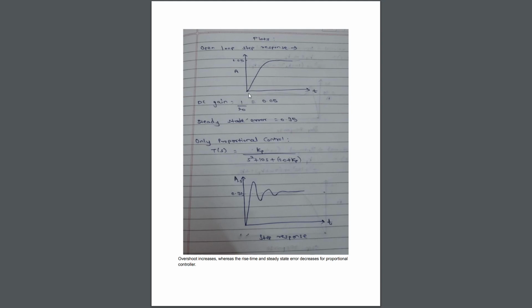This particular value basically corresponds to a steady state error of 0.95, which is quite large. Also, the rise time in this particular case is about 1 second, and the settling time is about 1.5 seconds, which is not quite desirable, and therefore this particular system definitely needs some sort of a closed loop control for better performance.